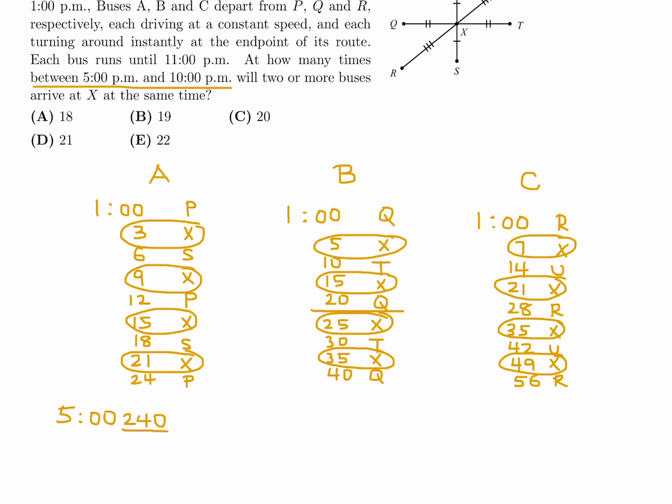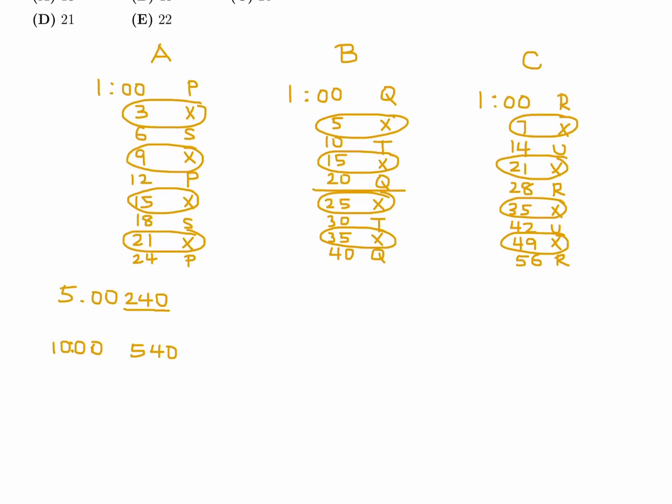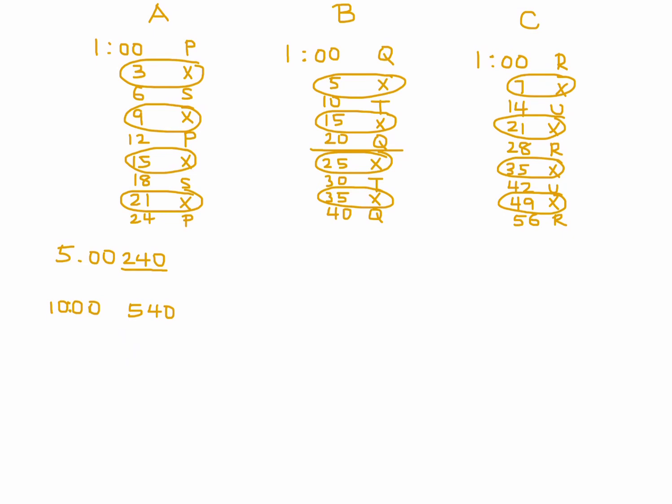Between. And then 10 p.m., that compared to 1 p.m., is 9 hours later, right? And 9 hours is 9 times 60, which is 540. So we want to look at times in between 240 and 540.